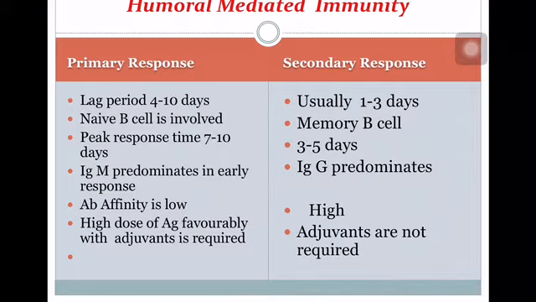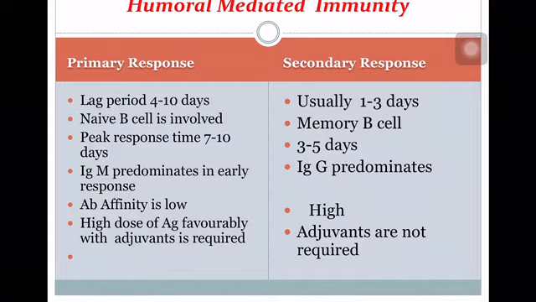And in the primary response, naive B cells are involved. That means the B cells that are produced and are in circulation, which have not come in contact with the antigen earlier, are involved. But in the secondary response, the memory B cells are involved.